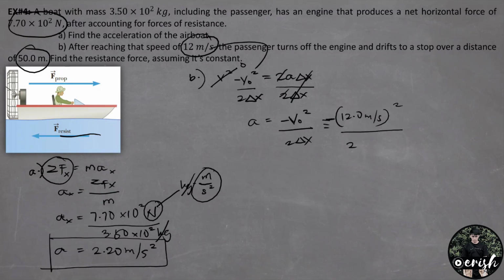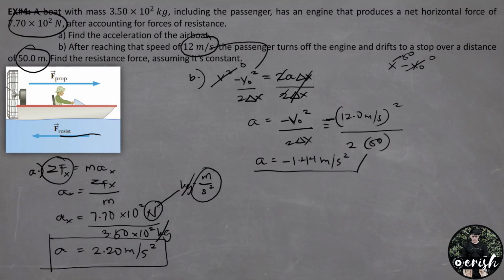Over 2 times. Ang delta x natin is simply 50 meters na lang kasi x minus x sub O yan. Ang x sub O natin is 0. This is 50 meters. And by calculating, we will have a negative acceleration. Negative 1.44 meters per second square. Bakit naging negative? Kasi nga, deceleration na yung nangyari.